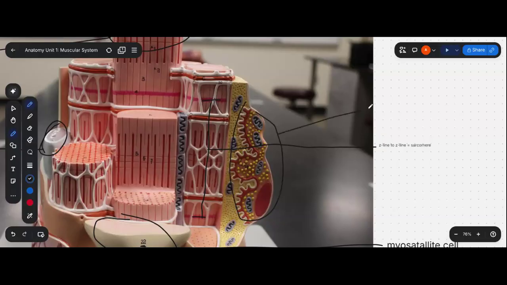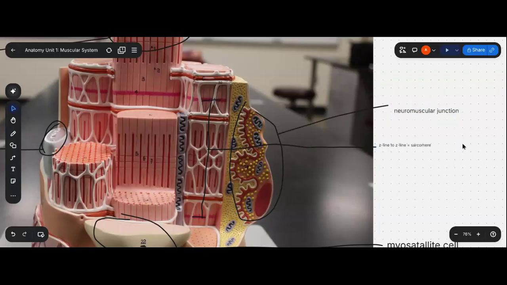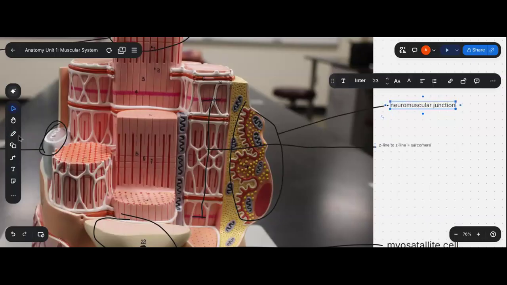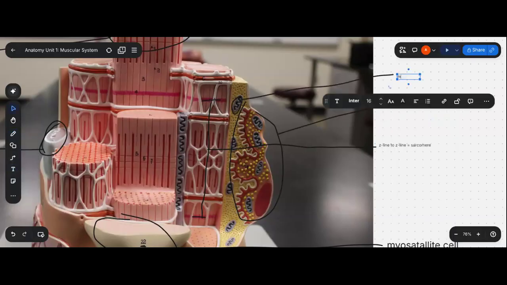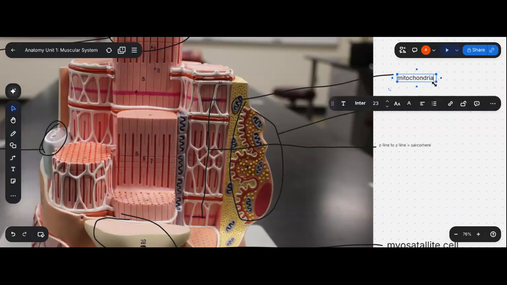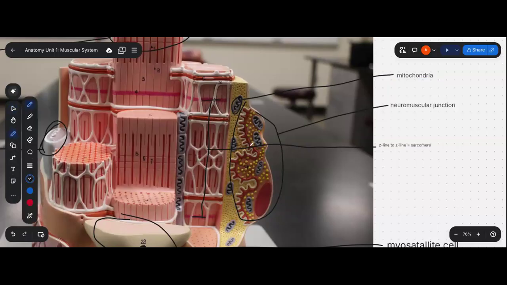So this right over here, neuromuscular junction. Within the neuromuscular junction, you have your mitochondria, which are these purple little squiggly guys over there. They make all of the ATP so that your muscle has energy in order to move and function.